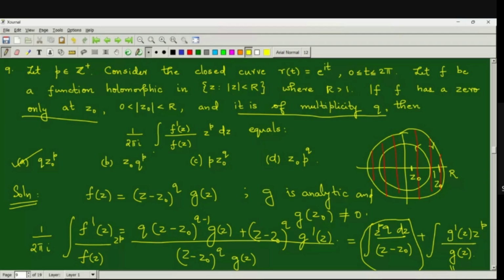Integrating with respect to Z, the value is going to be 0 according to Cauchy's theorem. But that is not in the options. So if someone points out that this question is wrong and has this discrepancy, either they will cancel the question or they will give marks. So better to attend that question.